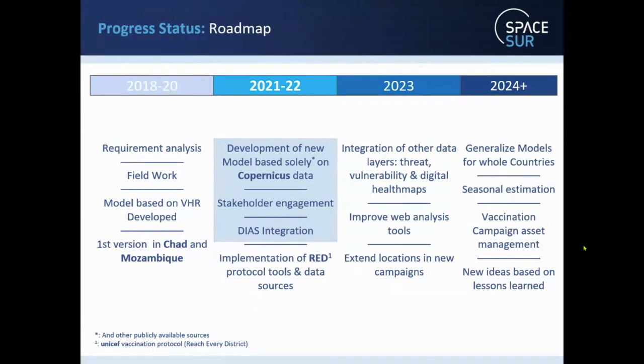And the implementation of the RED protocol for UNICEF, the RED protocol being reach every district, is a very important aspect of the solution, because this will support all the process and all the integration of data and solutions in the whole change in vaccine distribution.